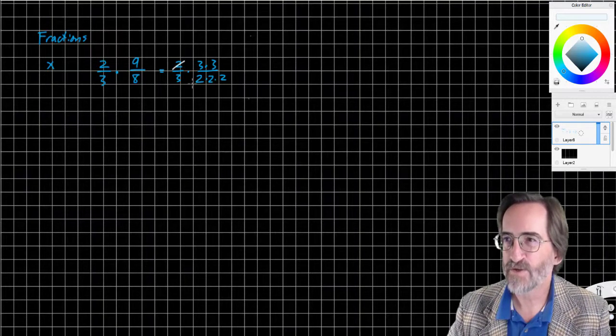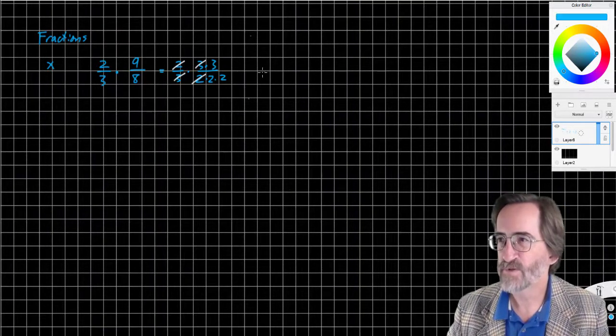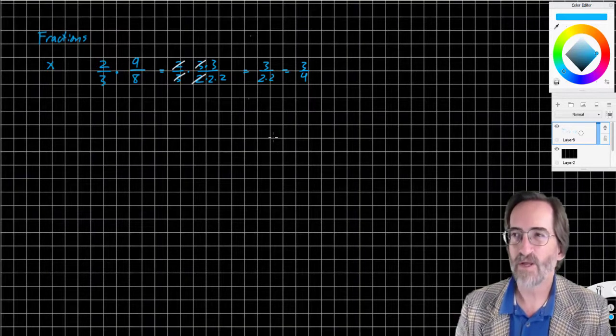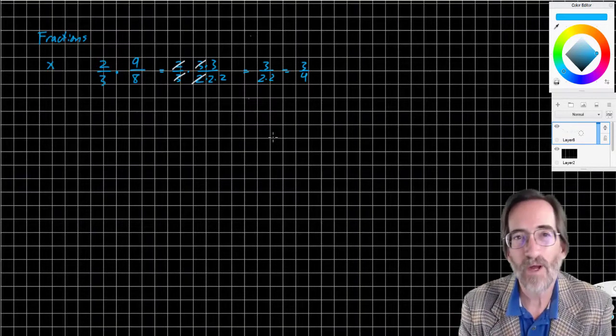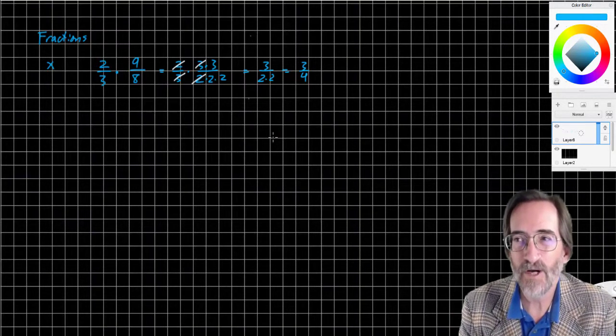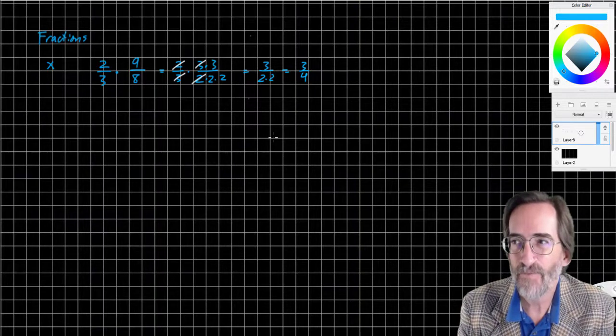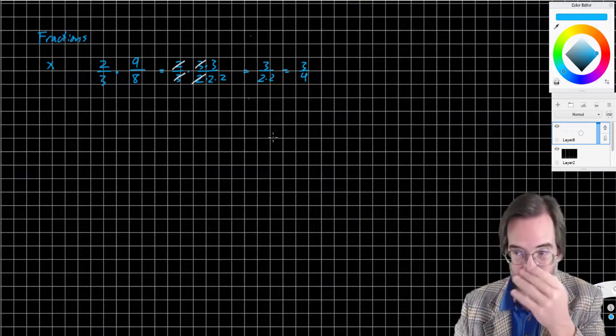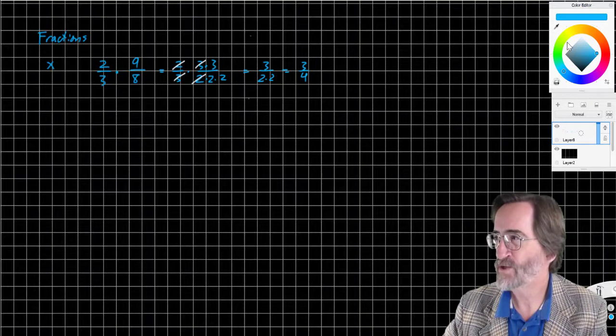So 2 over 2 is 1, it cancels. 3 over 3 cancels. And all that's left is 3 over 2 times 2, or 3/4. Same answer. But we arrive there a slightly different way. We factor the numerator and denominator, and we reduce. Okay. All right, so that is the essence of what we're going to be doing with our rational expressions.